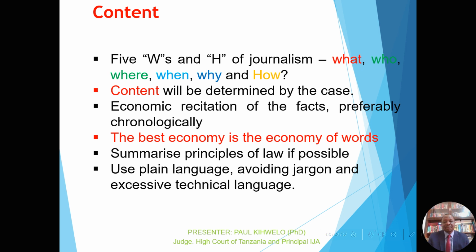And a judgment must be able to reveal what happened. So that's the concise statement of the case. It has to explain what happened, who were the parties, where the matter happened, when it happened, why it happened, and how it happened. These are key issues that a judicial officer, when composing a judgment, must ensure are part and parcel of the judgment being written.